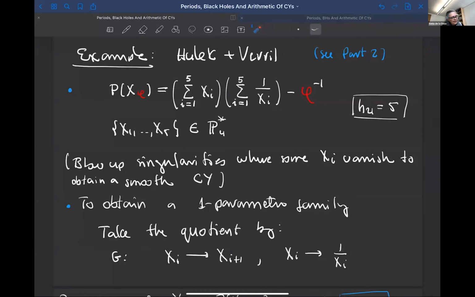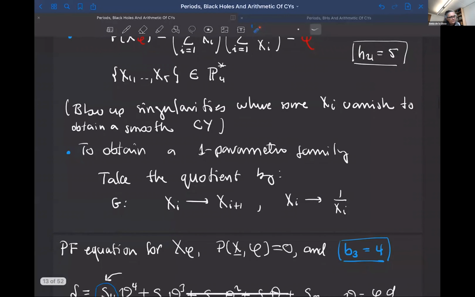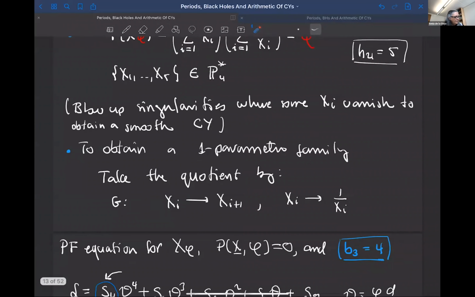And what you get is a Calabi-Yau manifold with h21 equals 5. And to obtain a one parameter family, what you do is take the quotient by a Z5 or a Z2, or a Z10. This is a Z5 symmetry, and this is a Z2 symmetry. So you can take the quotient by just this one.